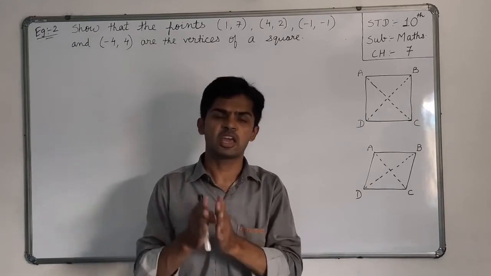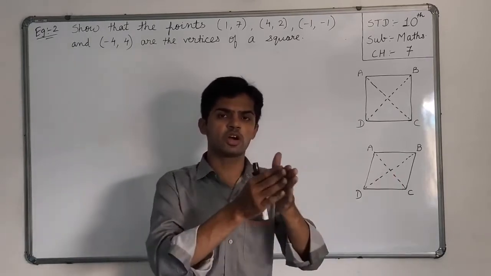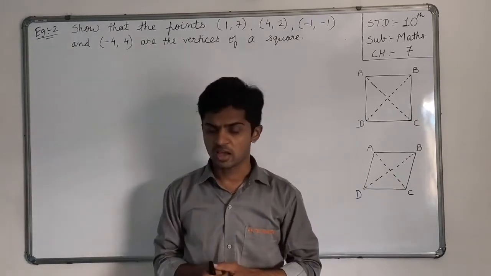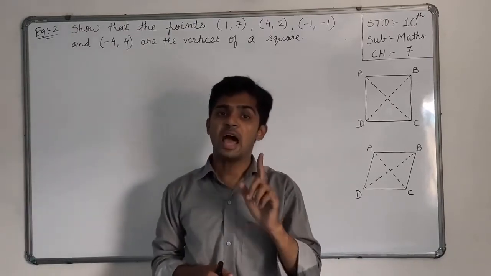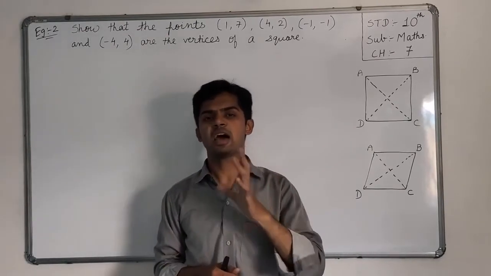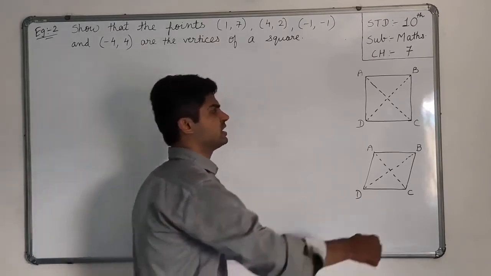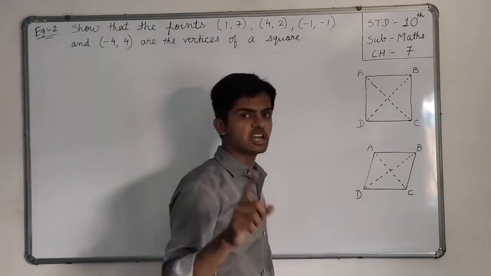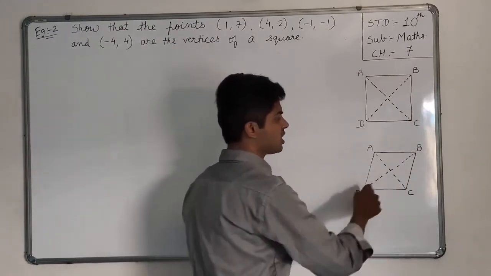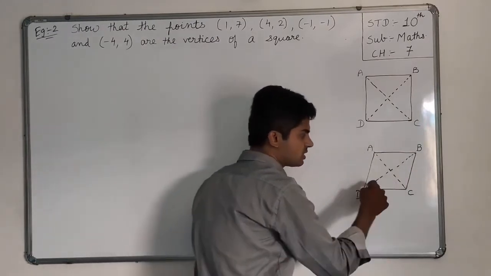Then which is the property that differentiates rhombus and square? The property is that the length of diagonals of the square are equal. In a rhombus this is not so. This is your rhombus, right?